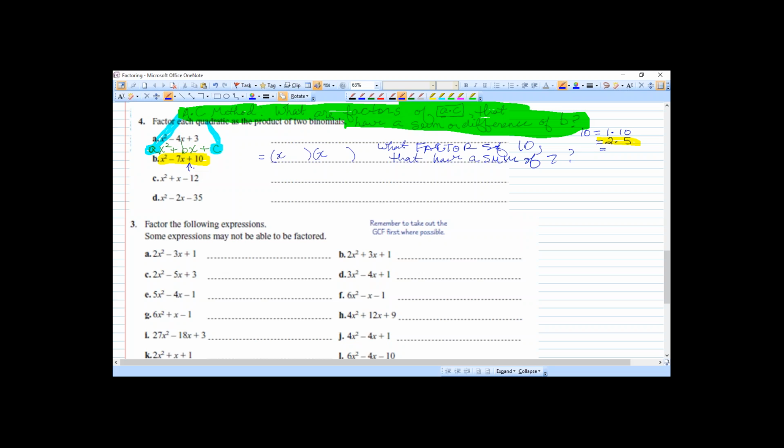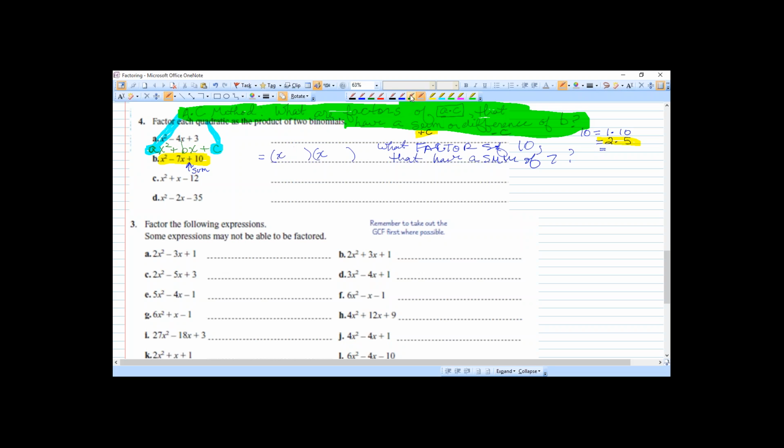So if the very last term, the C term, is positive, you say that have a sum of B in the question. I'm highlighting underneath the word sum there. And if you have a minus C subtracted off the end, that's when you say difference. All right, so that's that. So for this one, we're saying sum of 7.